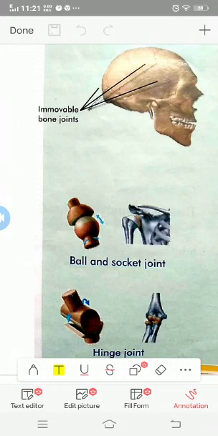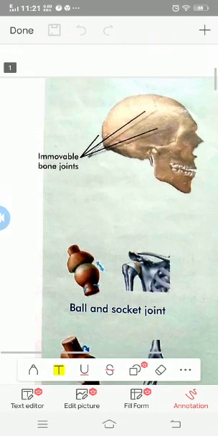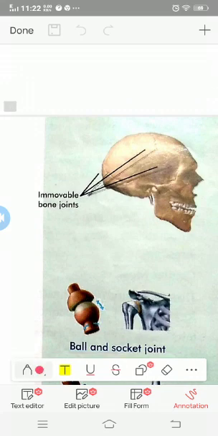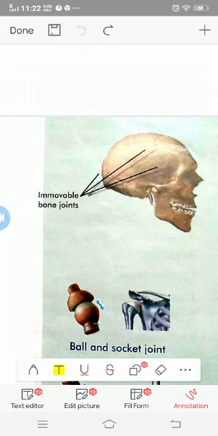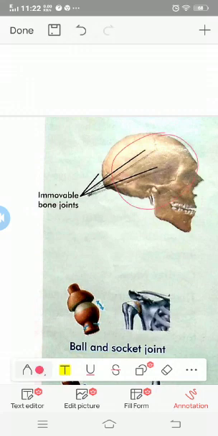There are various kinds of joints in the human body that facilitate movements. The first one is the immovable joint. Immovable joints occur in the structures of the skull.